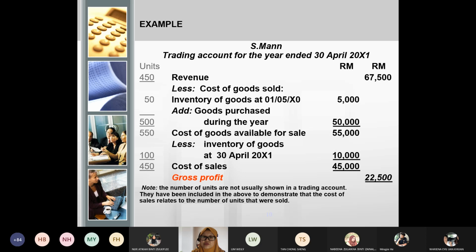The units sold are 450 units, the same as the units sold in the sales here: 450 units for the revenue, and cost of sales also 450 units. But the cost of sales is at the cost price, and the revenue is at selling price. So the revenue 67,500 minus cost of sales 45,000, we get the gross profit of 22,500. That is how we calculate the gross profit.